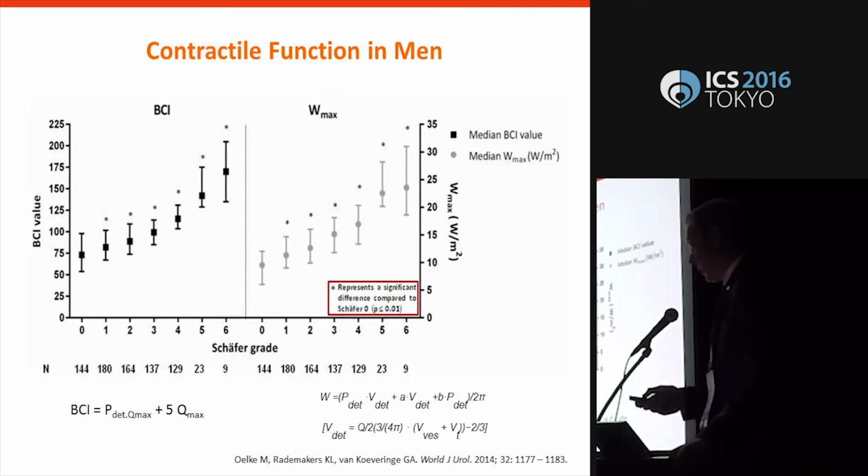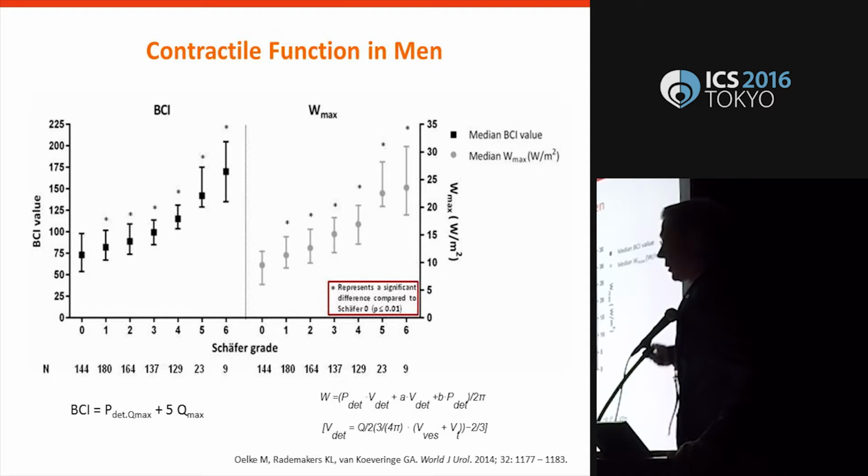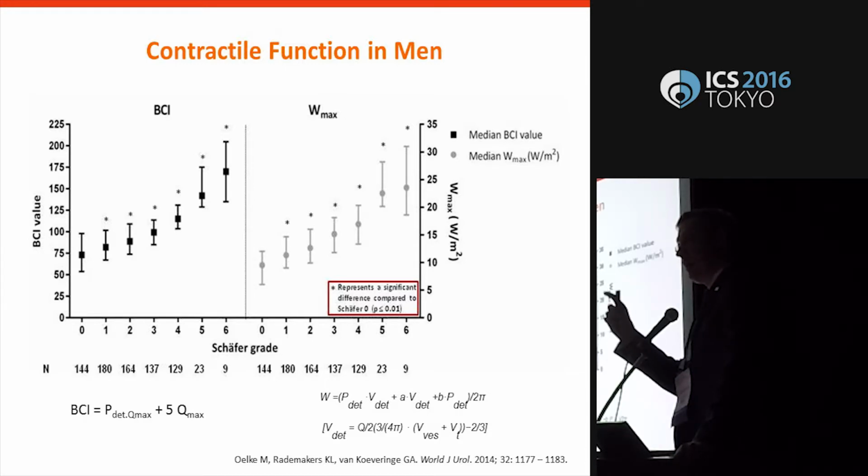The next parameter we may want to use is the bladder contractility index, like Chris has already mentioned, and I'm pointing out the problem now. The bladder contractility index is the estimation of the linear PURR of the Schäfer nomogram, and it can be calculated as P-det at Qmax plus 5 times Qmax.